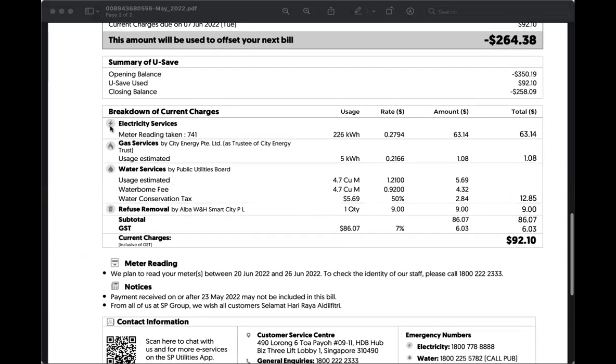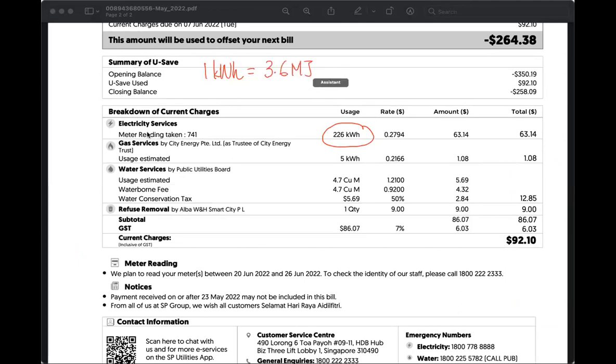Can you see that? For the month, I use about 226 kilowatt hour. And you already know that 1 kilowatt hour is the same as 3.6 megajoule.